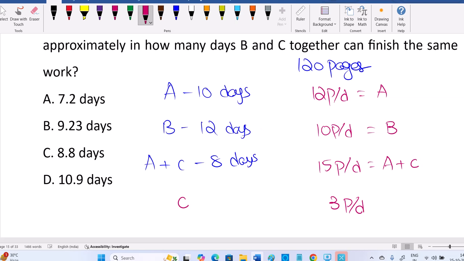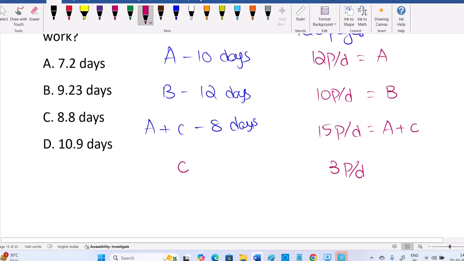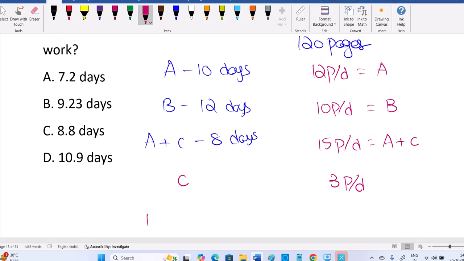But the question is not C alone, it is B and C together. If it is B and C together, what is their efficiency? B's efficiency is 10, C's efficiency is 3, so 13 pages per day.